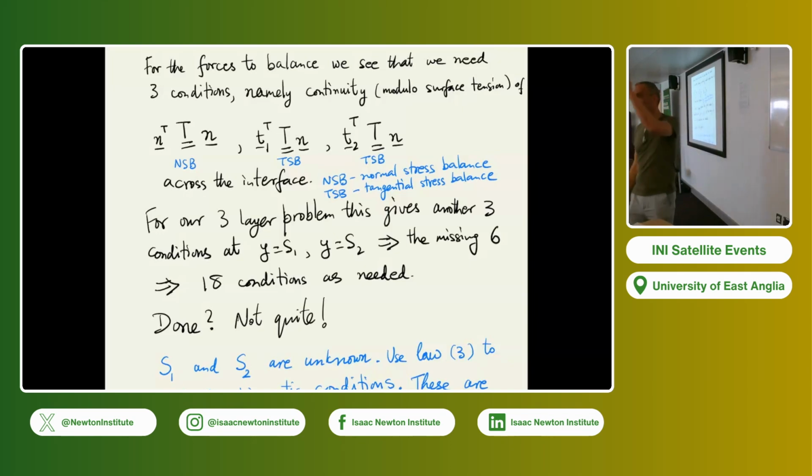That's the force in the normal direction. And then do the same thing with T1 and T2. So this will give me the normal stress balance, and this will give me 2 tangential stress balances. Now, linking up with what Darren did before, Darren also applied a tangential stress balance at the interface.